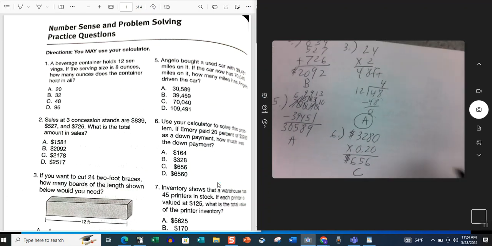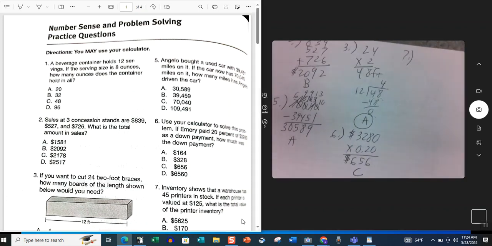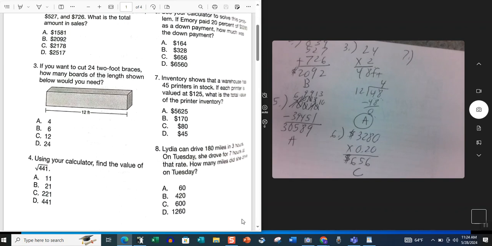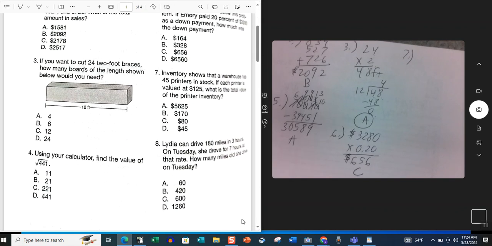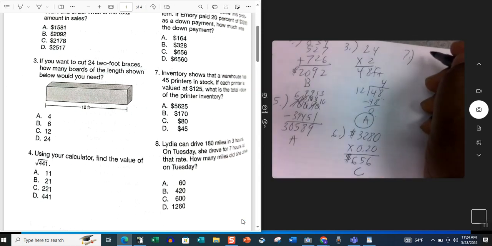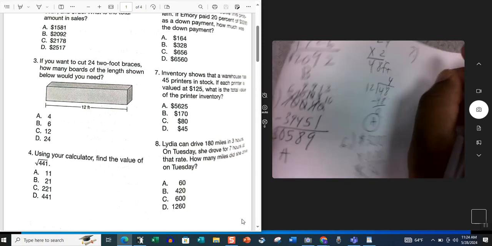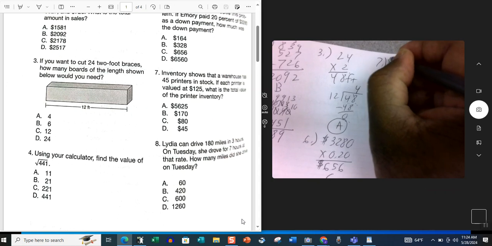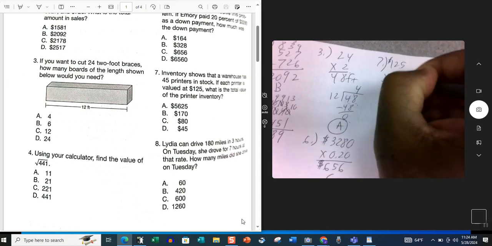All right, now we go on to problem number 7. It says here that inventory shows that a warehouse has 45 printers in stock. If each printer is valued at $125, what is the total value of the printer inventory? So we would take $125 and multiply by 45.